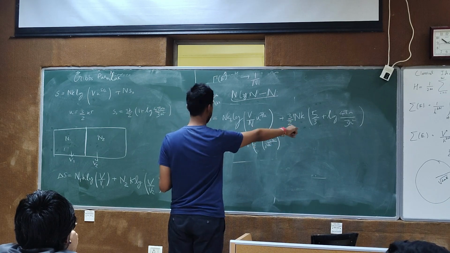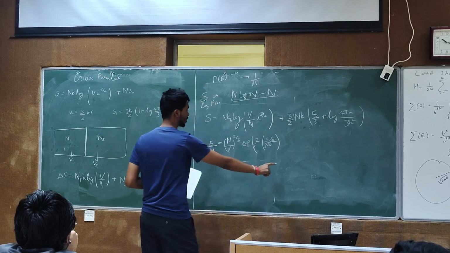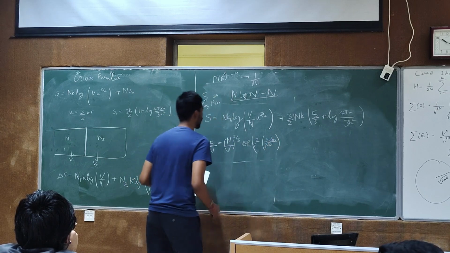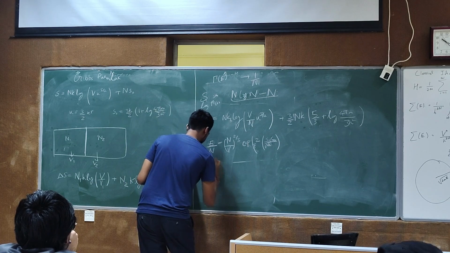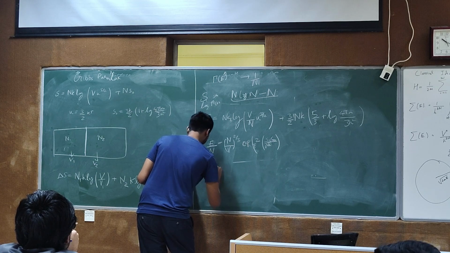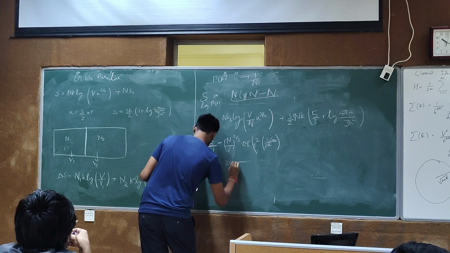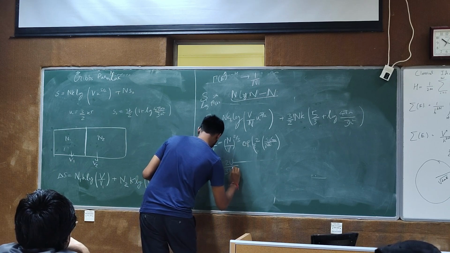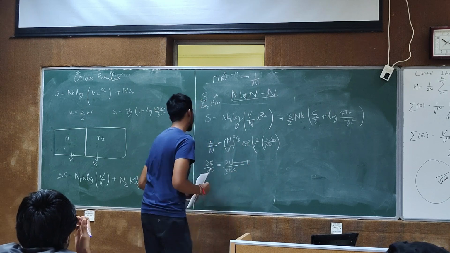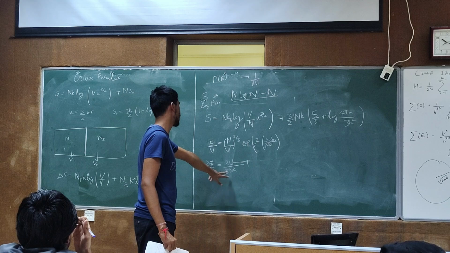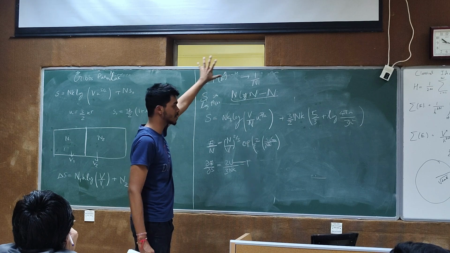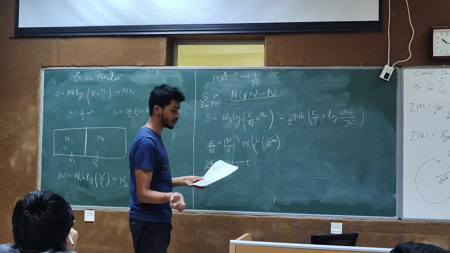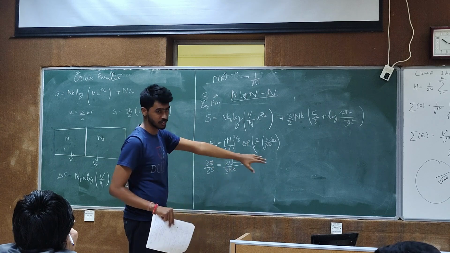So if you invert this relation, you basically get this. This is S naught. And if you find your new, so your del E del S remains same, T. So this division by N factorial basically does not change your equation of state and does not change your definition of temperature.